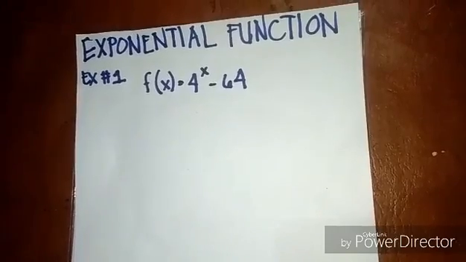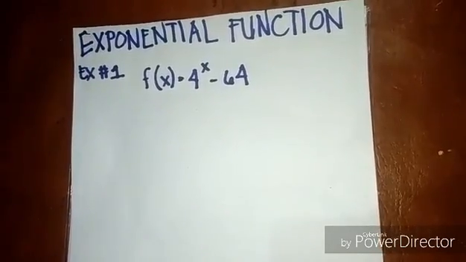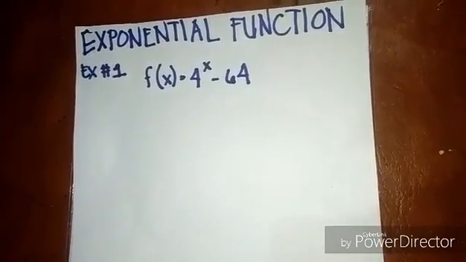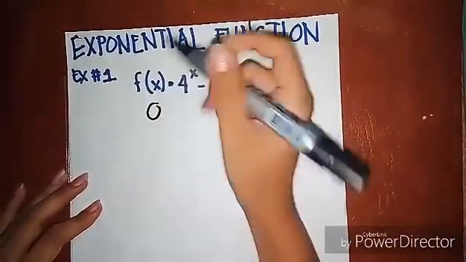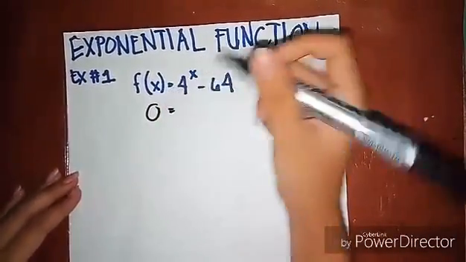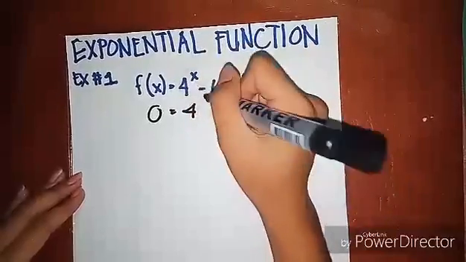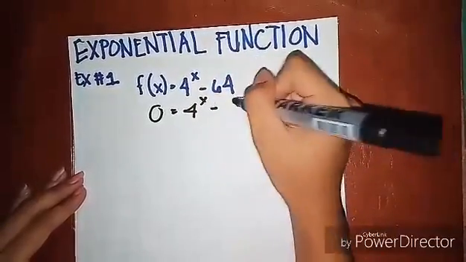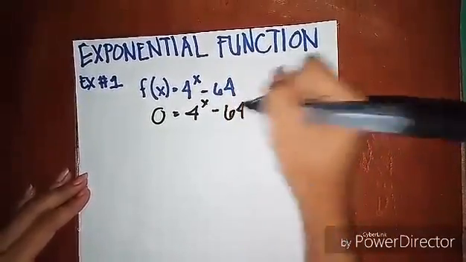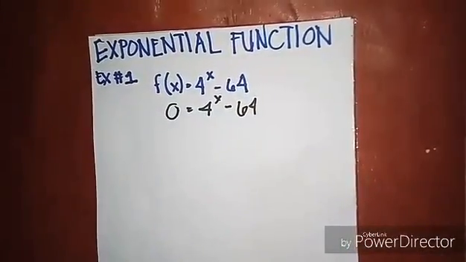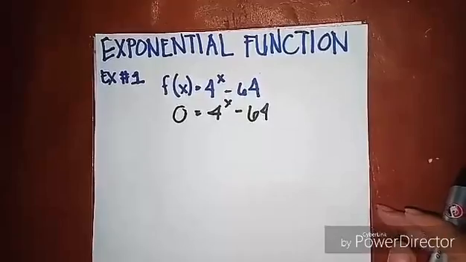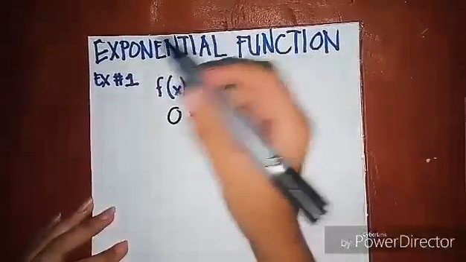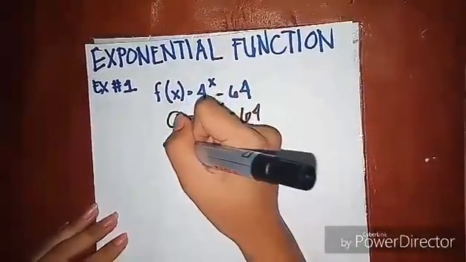Example number 1. f of x equals 4 raised to x minus 64. Let f of x equals 0. Then 0 equals 4 raised to x minus 64. So solve for x. Transpose 4 raised to x and it will become negative 4 raised to x.